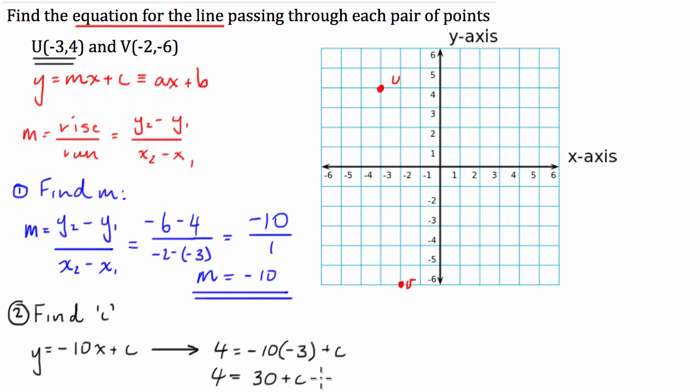So hopefully you guys can see that c is going to be equal to negative 26. Finally, once we know what c is, we can just write the equation. Therefore, the equation is y equals negative 10x minus 26.